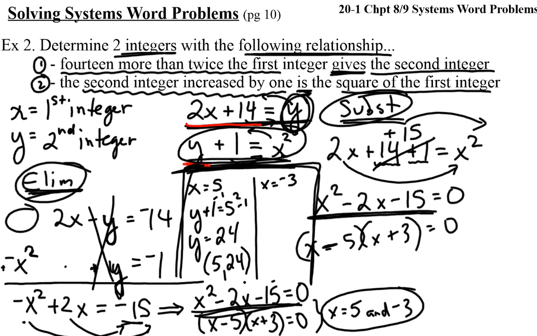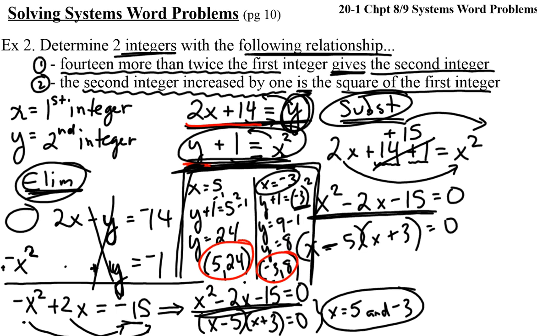Plug into an equation. Y plus 1 equals negative 3 squared, which would be y equal to 9 minus 1, y equals 8. Second possibility, x is negative 3, y is 8. So we have two situations, 5, 24 or negative 3, 8.